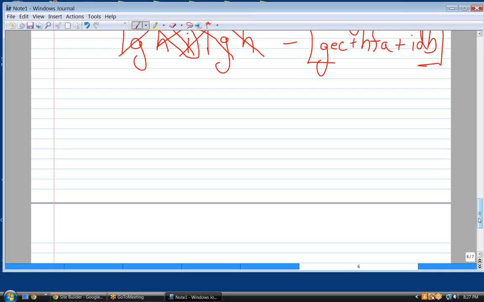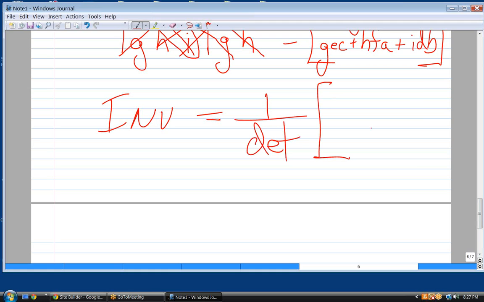To find the inverse, okay, so the inverse is equal to 1 over the determinant times... on a 3 by 3, I don't know.